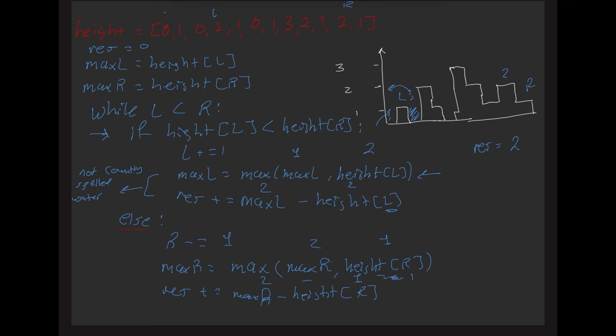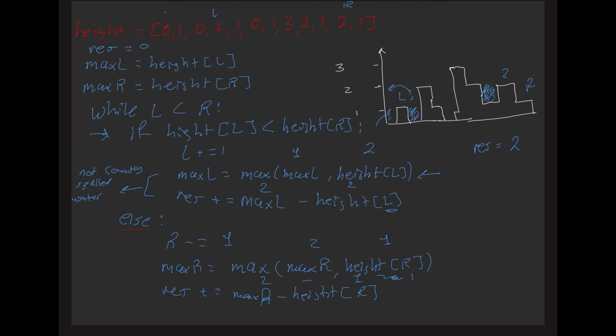So we have water here. But again, the max right still stays at 2 because remember, we care about what we had before. We want to continue that to compare it and make sure that we're not accounting for anything wrong, and not accounting for spilling water outside.